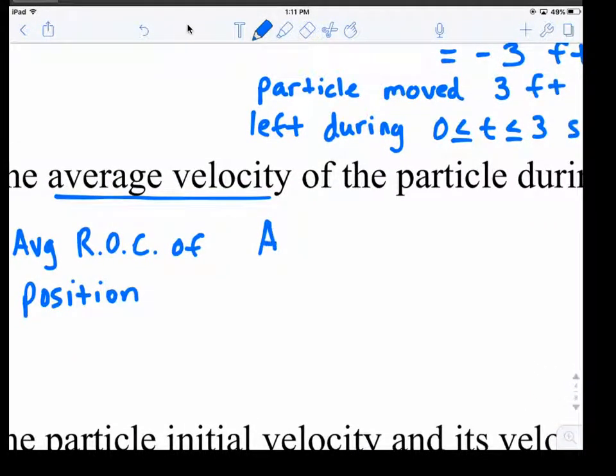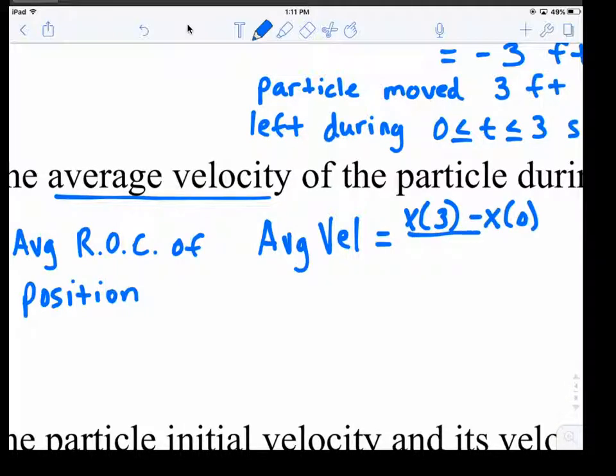So average velocity is equal to the change in position, which is actually what we just figured out: x of 3 minus x of 0, all over the change in time.